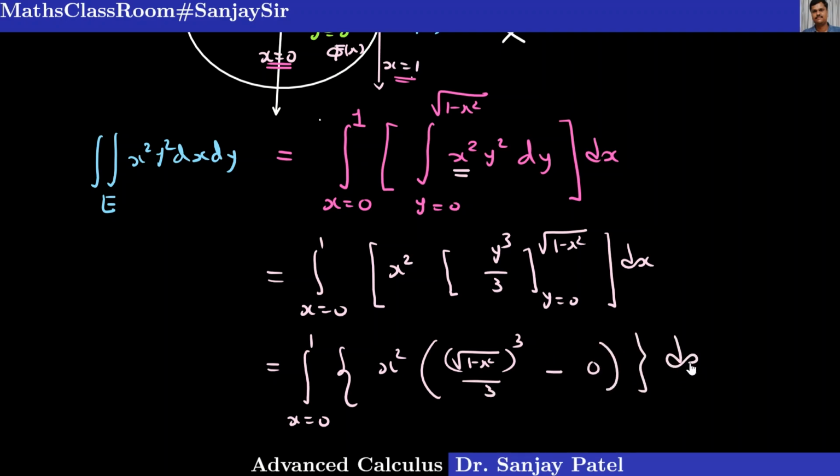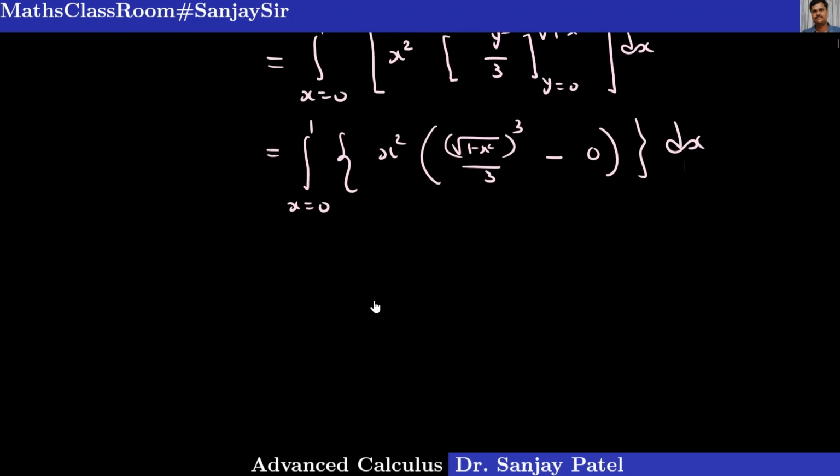On simplifying this further, this gives you a simple integral of a function of one variable, x equal to 0 to 1. I can write it as x square into 1 minus x square raised to 3 by 2, because square root means raised to the power 1 by 2, and that 1 upon 3 is a constant. I am writing it outside of this integral sign.